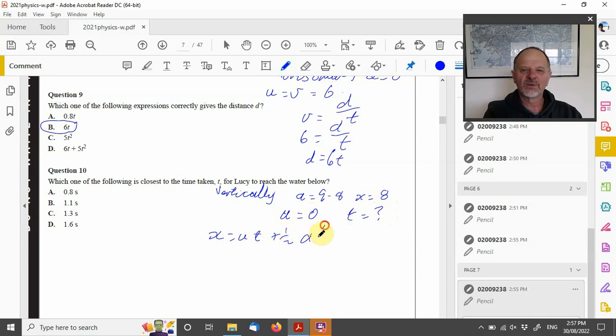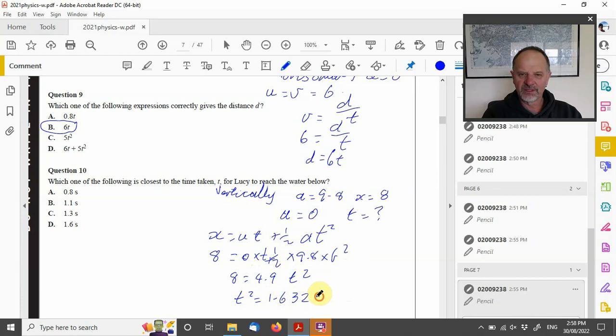plus a half at squared, and put our numbers in, plus a half times 9.8 times t squared, and then 8 would be 4.9 t squared, and t squared would be 1.632 when you work that out with your calculator, which then leads to t being the square root, at 1.277.